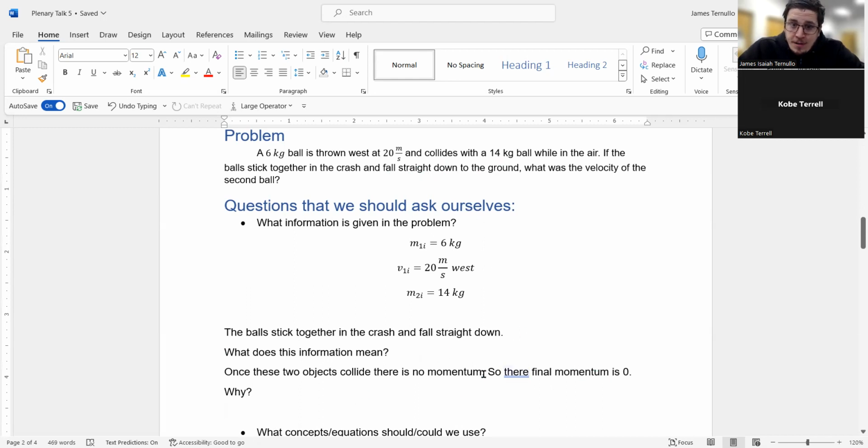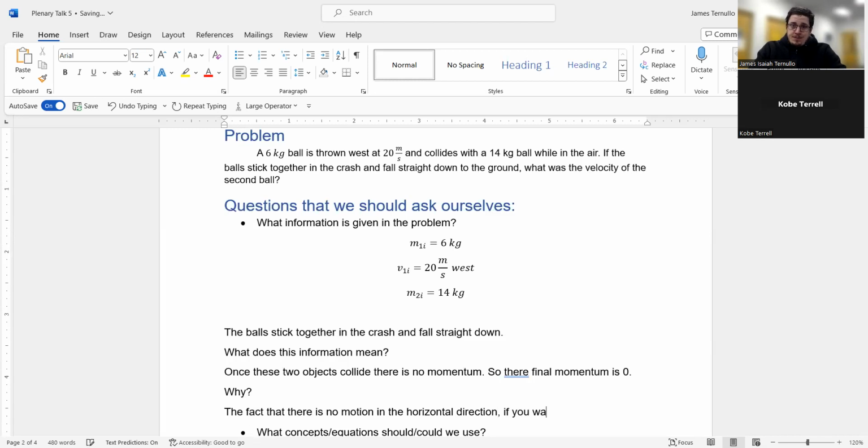So the fact that there is no motion in the horizontal direction, or if you want to call it X, this means that their net momentum is zero.